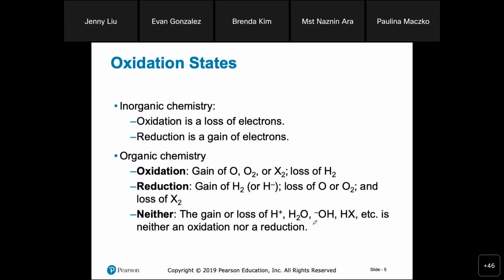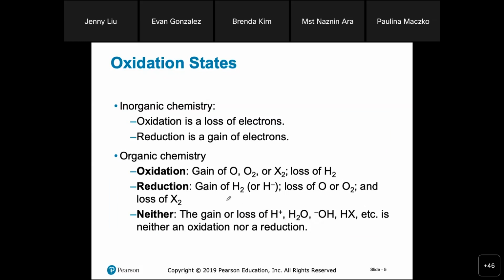First, we need to make sure of the language of oxidation and reduction in terms of inorganic chemistry and organic chemistry. In inorganic or basic chemistry, we say that oxidation means loss of electrons and reduction means gain of electrons. In organic chemistry, which we are now studying, oxidation means gain of oxygen or loss of hydrogen.